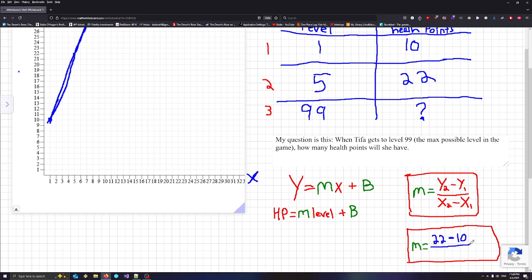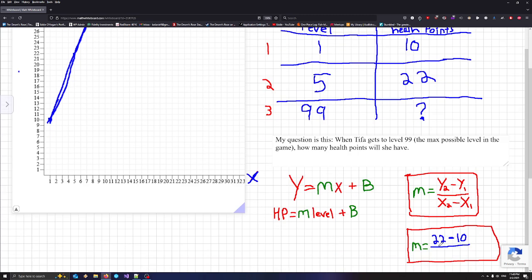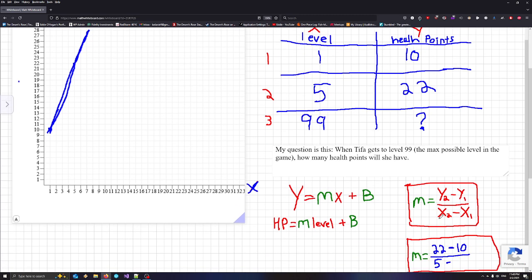Divided by x2, that's 5, minus x1, which is 1.